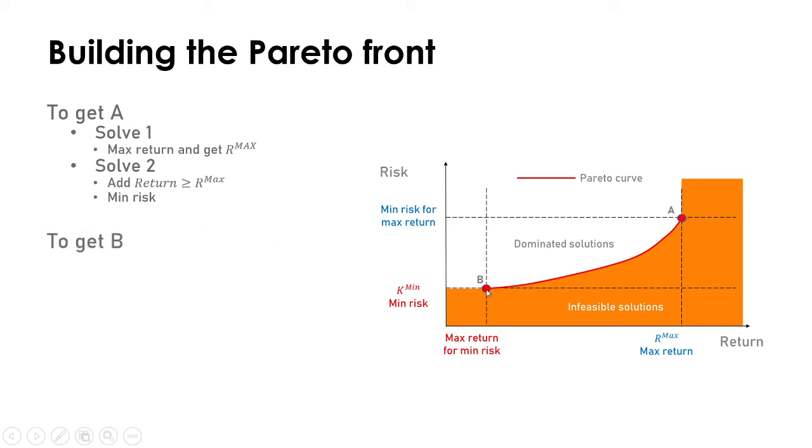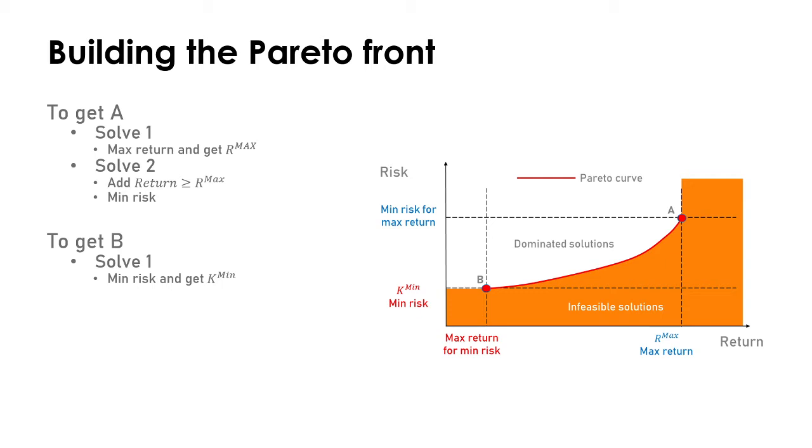Similarly, to get point B, we will do the symmetric approach. We want to first minimize risk, so we will get a point within this horizontal line. Okay, imagine we get a solution somewhere here. So we get the minimum possible risk.